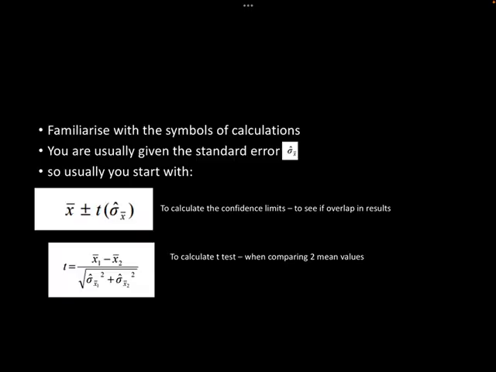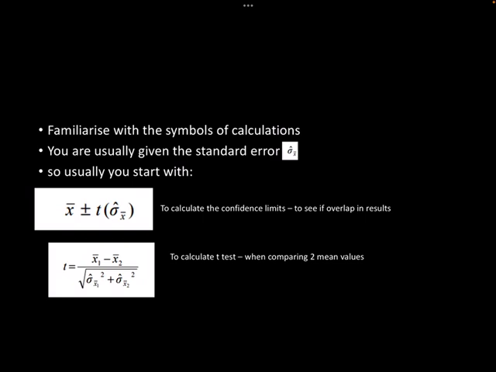So make sure you familiarise yourself with the symbols for the calculations. As I've said, you're usually given the standard deviation about the mean or the standard error value. Depending on what type of test you've been asked, if it's the confidence limits, you would use that second formula given in the confidence limits section, where it's the mean plus or minus the t-value that you take from the t-table, multiplied by the standard deviation about the mean.